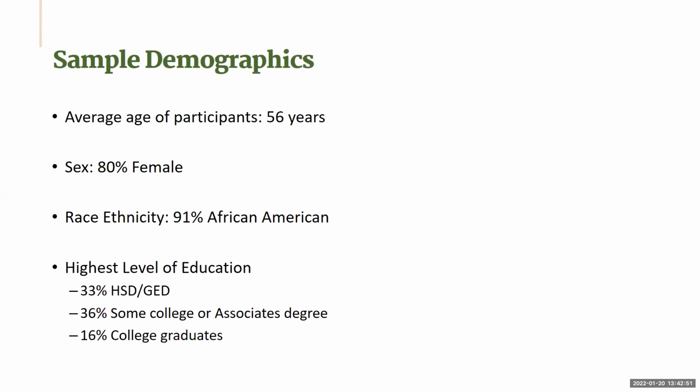The average age of our participants was 56 years, about 80% were female and 91% were African American. For the highest level of education, 33% had a high school diploma or GED, 36% had some college or an associate's degree, and 16% were college graduates.